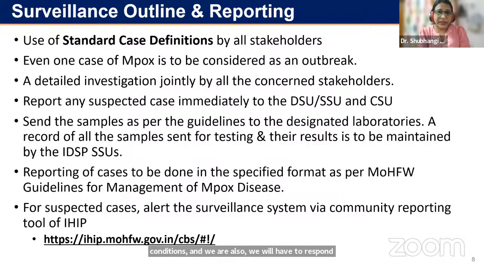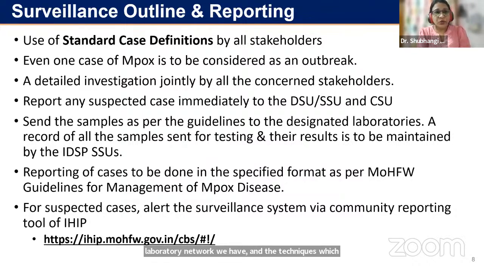Report any suspected case immediately to the district surveillance unit, to the state surveillance unit, and the central surveillance unit. Send the samples as per the guidelines to the designated laboratories. Dr. Pragya has elaborately discussed the laboratory network we have and the techniques which are being followed here.